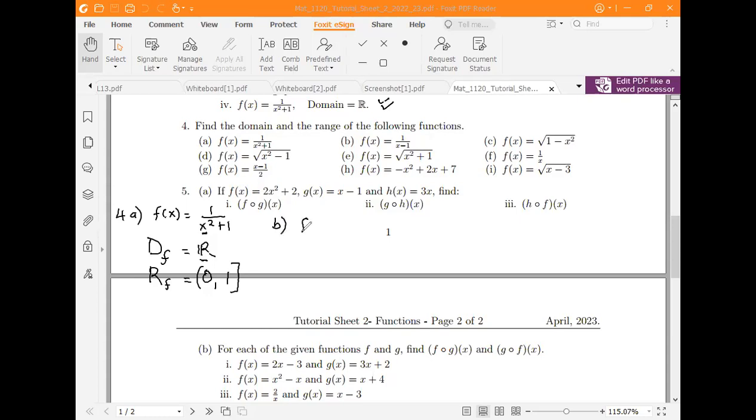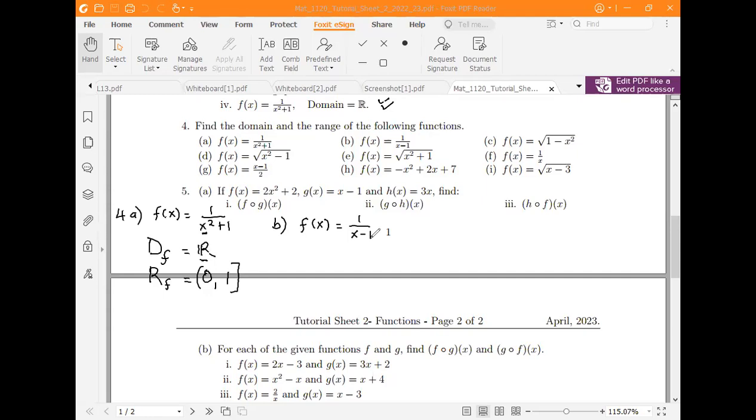B is f of x is equal to 1 over x minus 1. We want to find the domain. Is there a value of x that when used, the function becomes undefined?